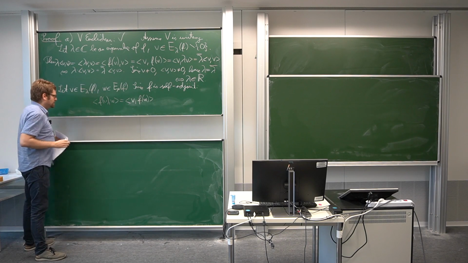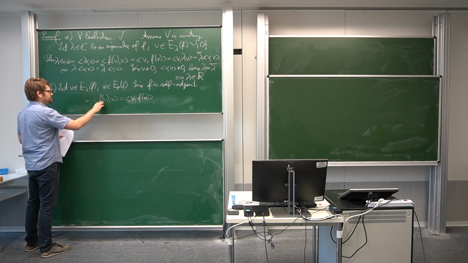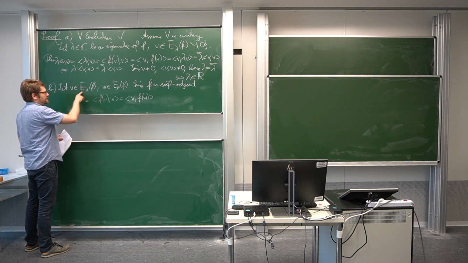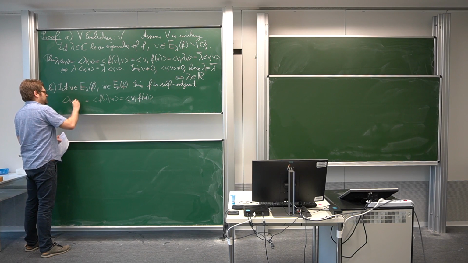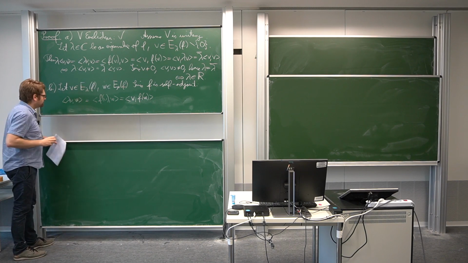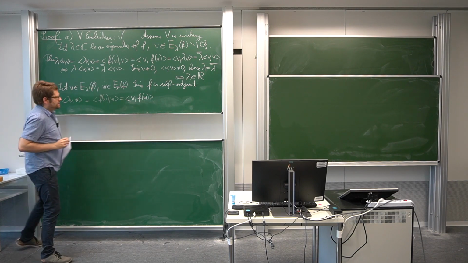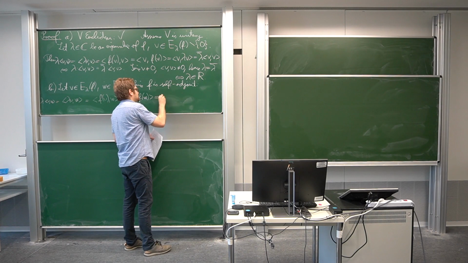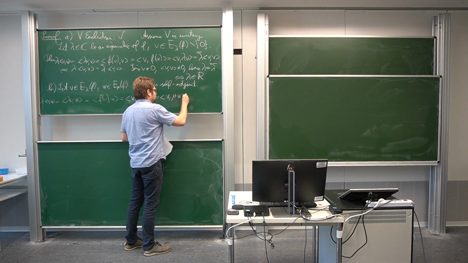Okay, so this is now, first of all, v is an eigenvector to the eigenvalue lambda, so this is the same as lambda v comma w. Now we can pull the lambda outside, so this is lambda times v comma w. Here on that side, w is an eigenvector of mu, so this is v comma mu w.